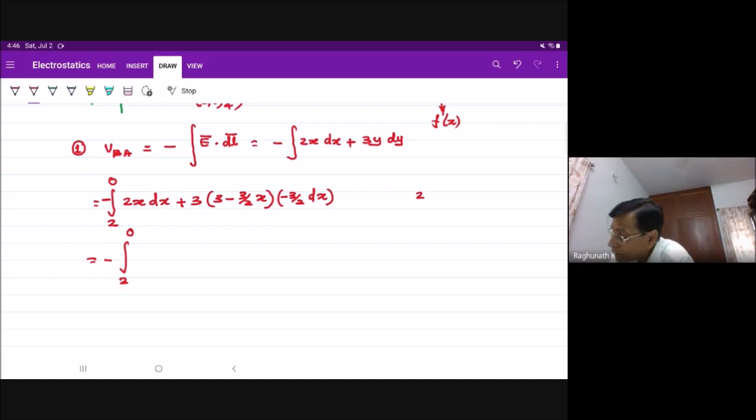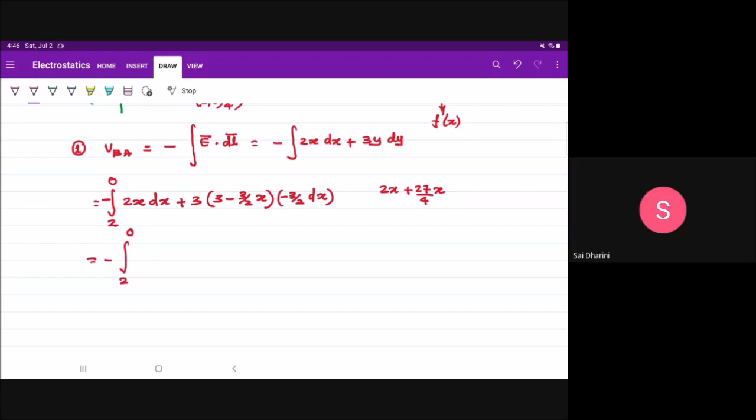Correct? 2x plus 27 by 4 x. Then the constant terms, minus 27 by 2.